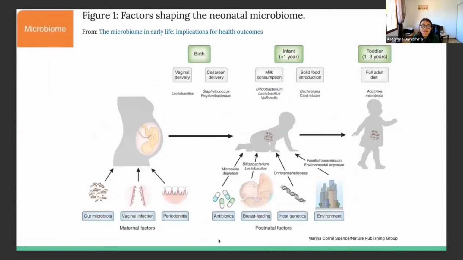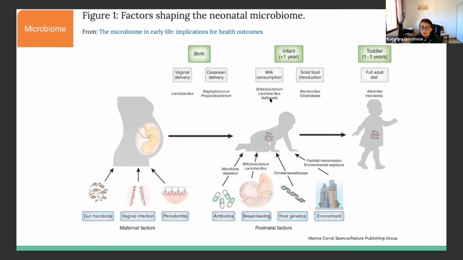How is the microbiome of a child established? The first gift that the mother gives to her child is the gift of microbiome. And in fact, the microbiome is different for the children that are born vaginally versus the children who undergo a cesarean delivery.